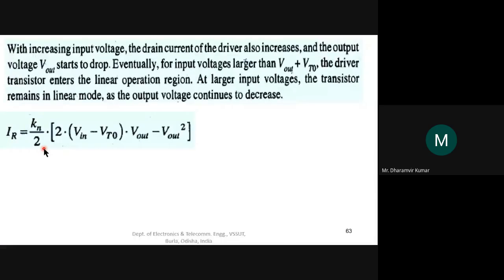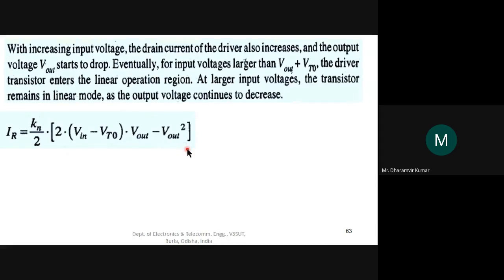Now, when the device is in linear mode of operation, we should use the linear current, not the saturation current. This is the equation for linear current: 2 into (V in minus Vt naught) into V out, minus V out whole square.